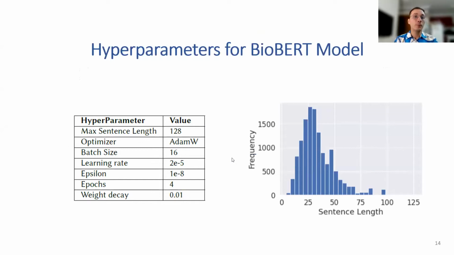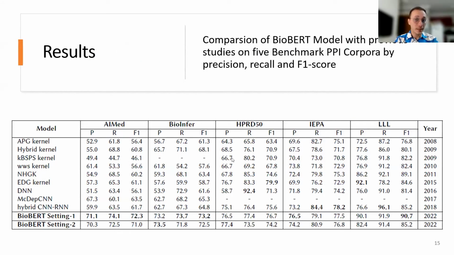Here are our hyperparameters for fine-tuning the BioBERT model, and here are the results for our two different settings. As evaluation metrics, we have used precision, recall and F1 score, and we performed tenfold document-level cross-validation, where sentences from the same document can be either in the training dataset or the test dataset.